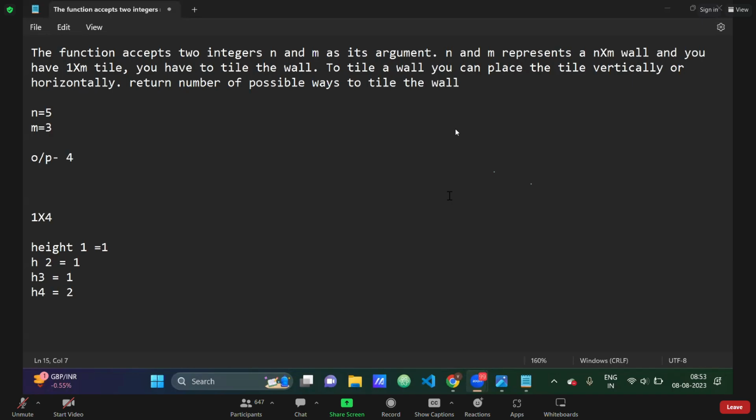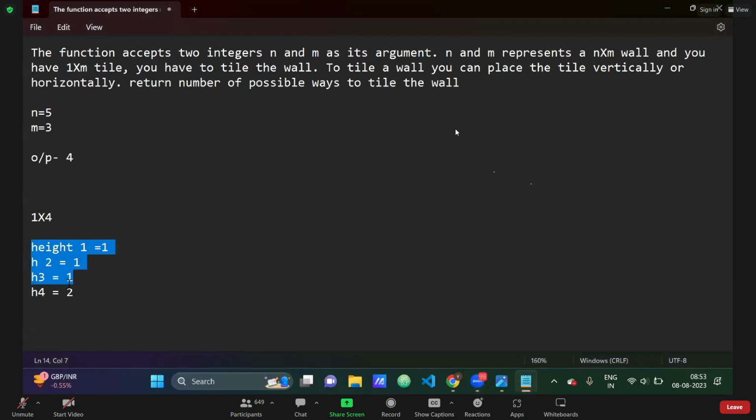So now, what if after height m the possibilities will be equal to the height? No. Now that is the case. So less than height, you know the values. Now if width is equal to the height, then you know the value. What if my height is greater than the m value?